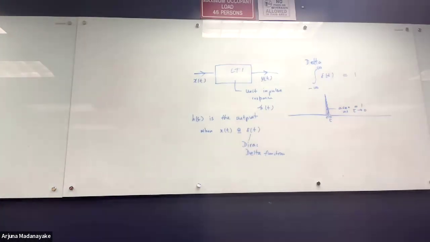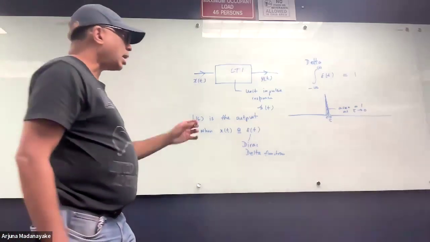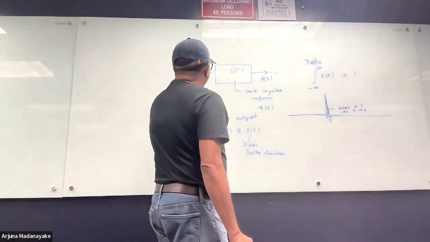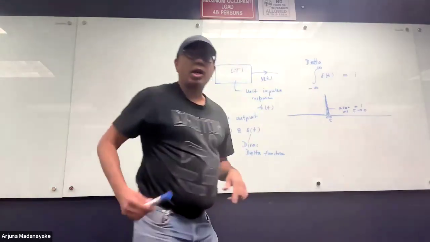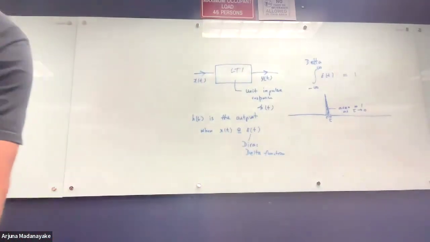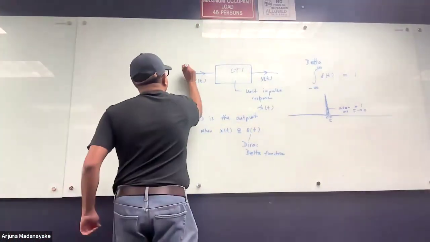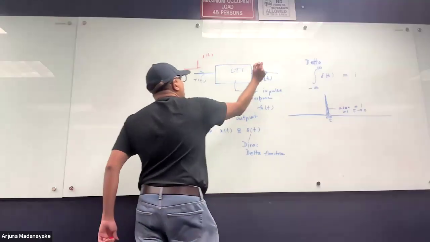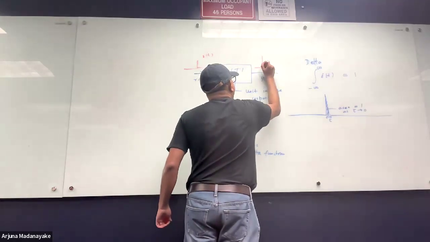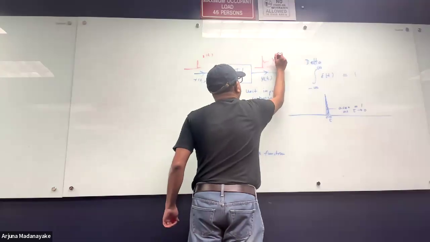You basically excite the input with a little spike, which has certain mathematical properties, and when you put in a spike input, it produces something coming out. So imagine you put in a little waveform that jumps up and comes down. This is my delta t, and this produces something out. So this is my h of t.